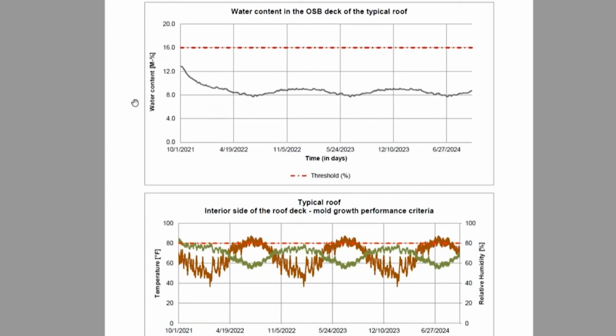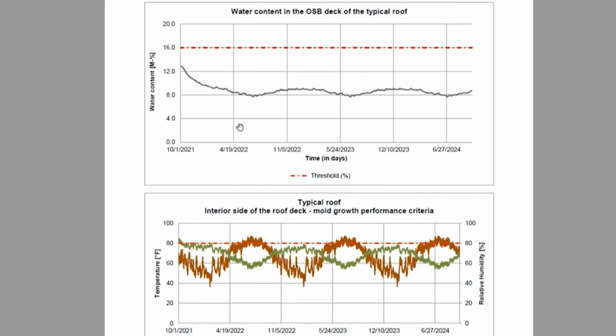So we want to see that the water content in the OSB layer does not surpass 16% of its weight as water, and this is very important because if it surpassed that for a significant period of time, that could lead to moisture issues such as degradation of our OSB sheathing.